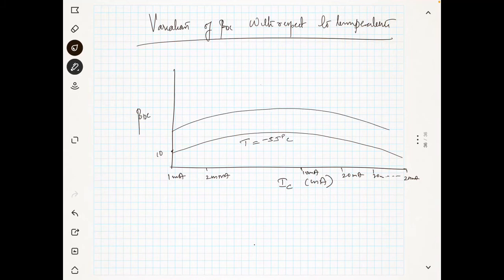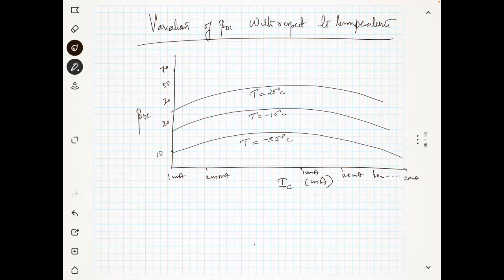If you increase the temperature, you can see beta DC is changing. Again beta DC is changing. So this is at temperature minus 15 degrees Celsius, and this is 20 here, this is 30 here, this is 50 here, and 70 here. So this is how it varies.